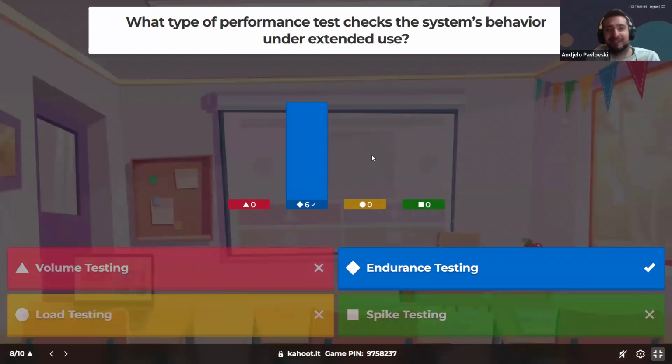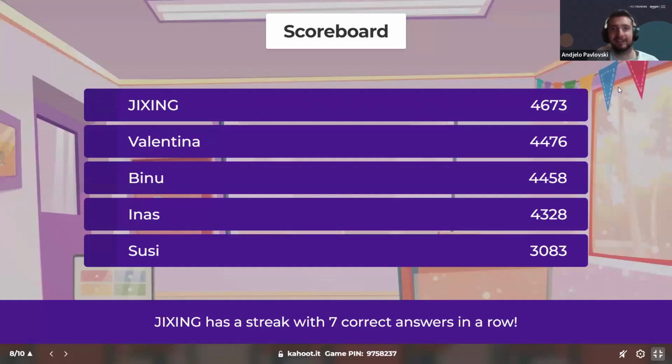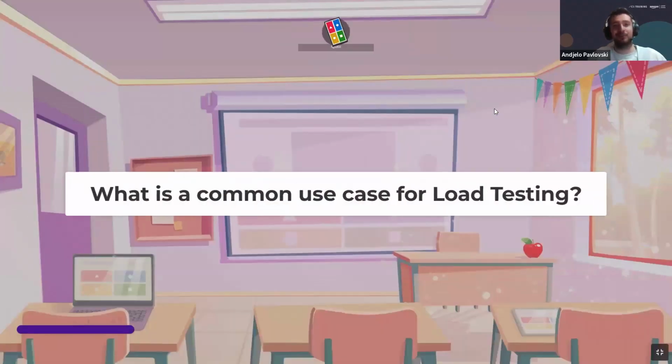Wonderful. Everyone went with endurance testing or soak testing, and that is correct. So the more time, the stress that we handle is related to endurance testing. More time, and then the amount of users differentiates depending on the needs. So well done. Let's wrap up with the last 2 questions.